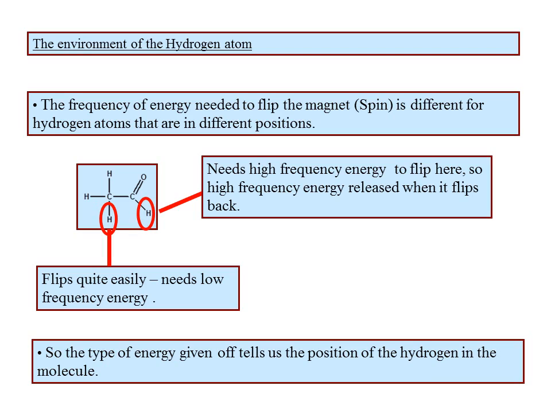For example, the hydrogen linked directly to the carbonyl group needs higher frequency energy to flip, so high frequency energy is released when it flips back, while hydrogen bound to carbon flips quite easily and needs lower frequency energy. So there are 2 types of protons in acetaldehyde, giving signals in 2 different positions.